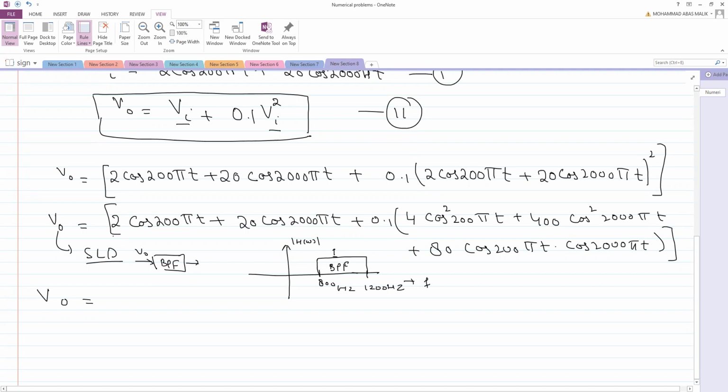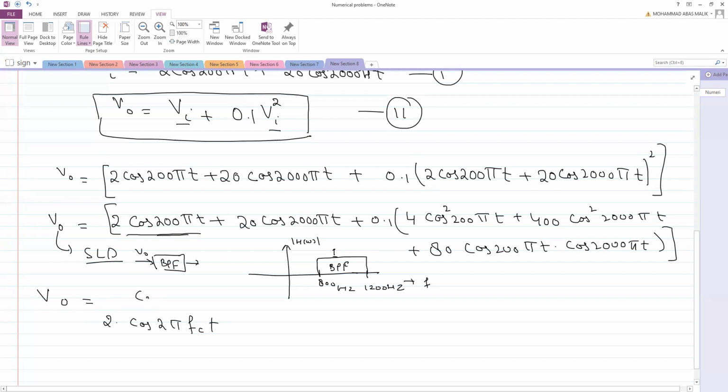So this is the range of frequencies that will be passed through the band pass filter. Now one by one, look at the equation of V naught and tell me whether it will be passed through the band pass or not. This is equal to cos 200 pi t. You can write this as cos of 2 pi fc t.